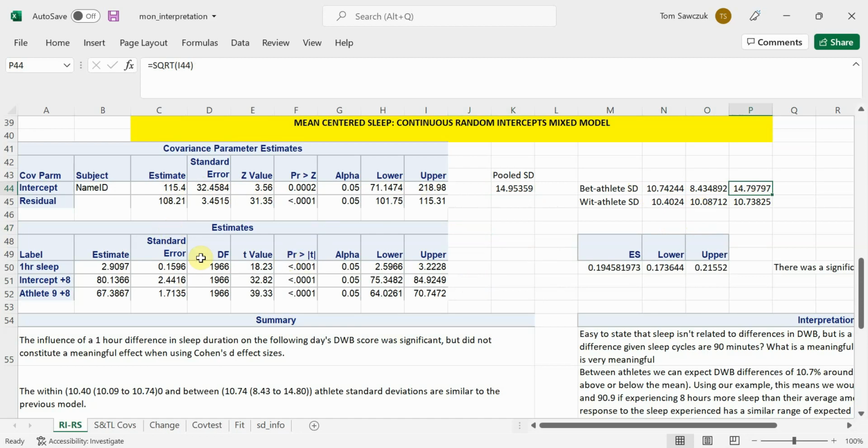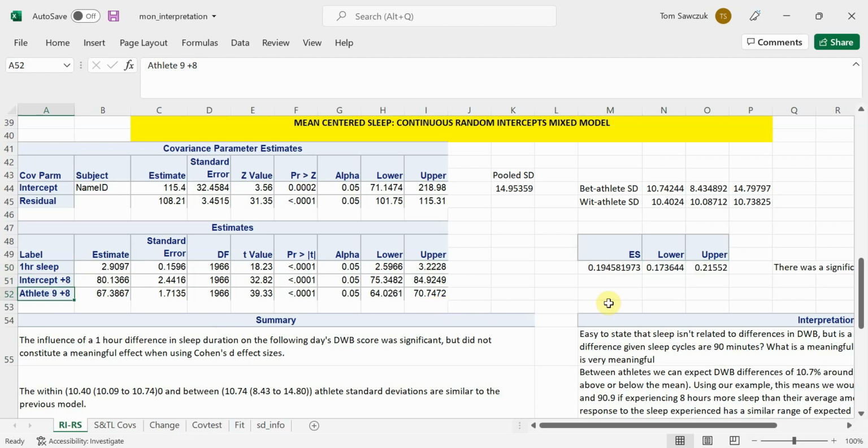The only estimates we need now to do our comparisons are the 1 hour sleep, so we know what the estimate for a 1 hour sleep is with the effect sizes here. Again, divide by the pooled standard deviation. The intercept for +8 hours, athlete 9 for +8 hours, so we can compare the between and within athlete standard deviations.